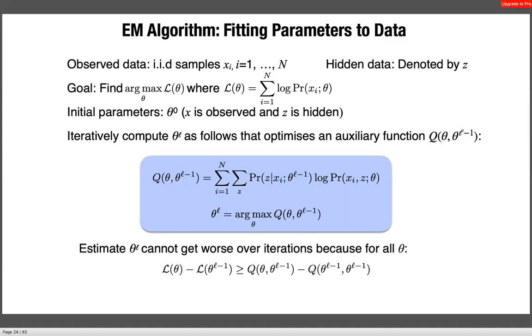And this estimate theta L, one can prove that it does not get worse over iterations, because this particular invariant holds, which is that L(theta) minus L(theta L-1) has to be greater than or equal to the difference between these two terms involving the auxiliary function.